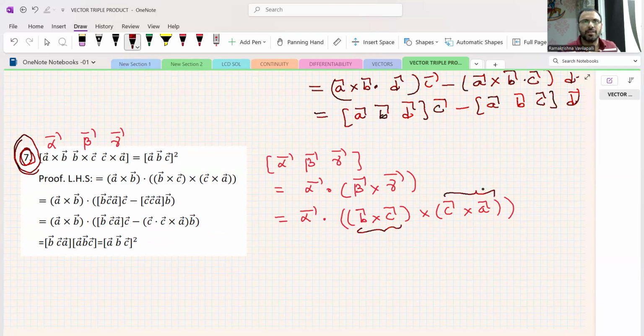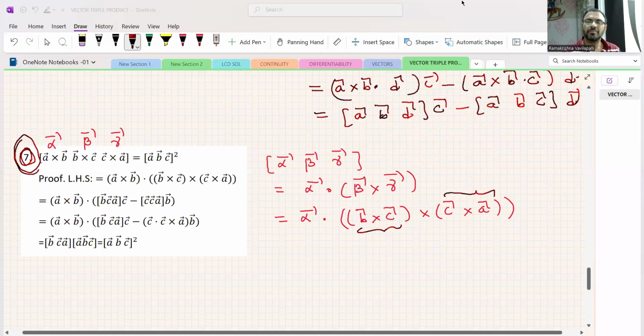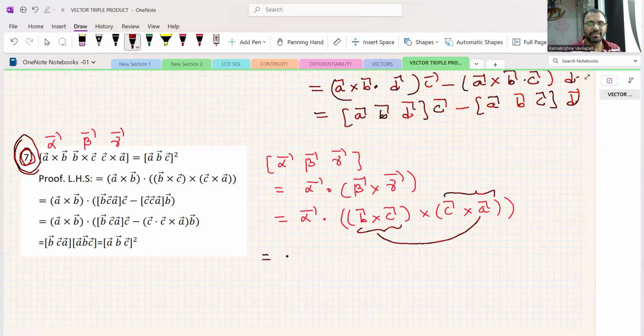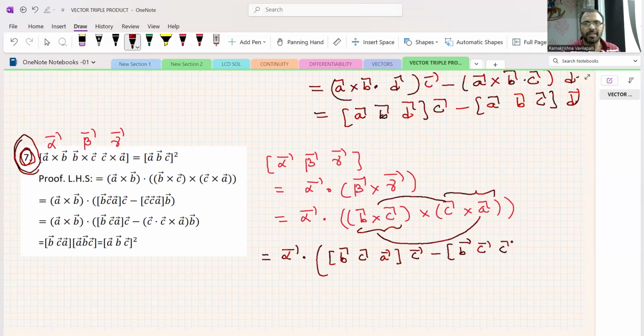Take B cross C dot A. So this is alpha bar dot box of BCA into C bar vector minus box of B cross C dot C bar, that is box of B bar C bar C bar into A bar.